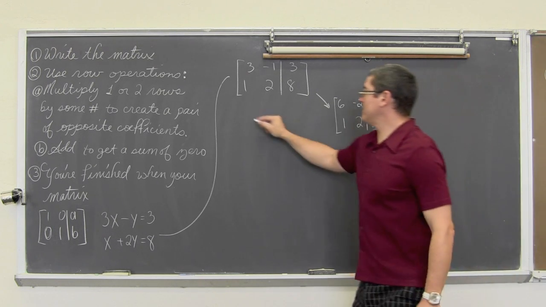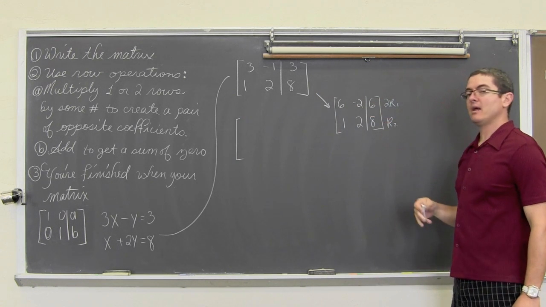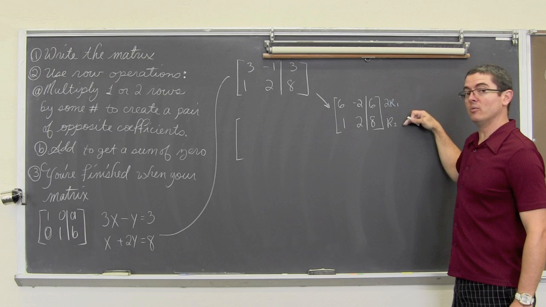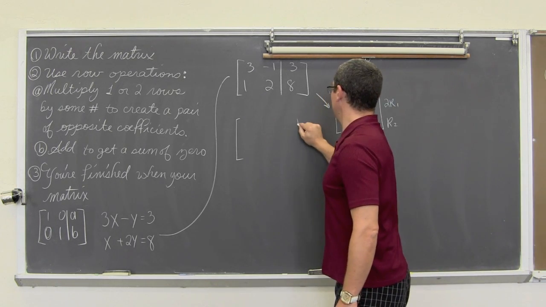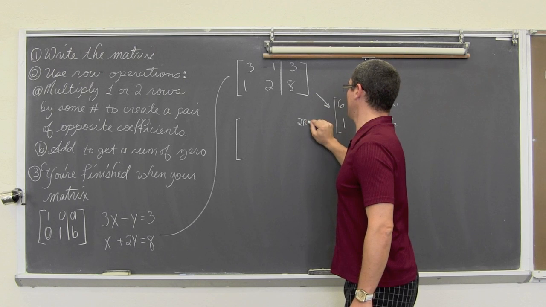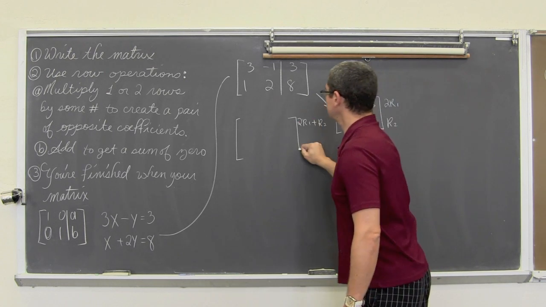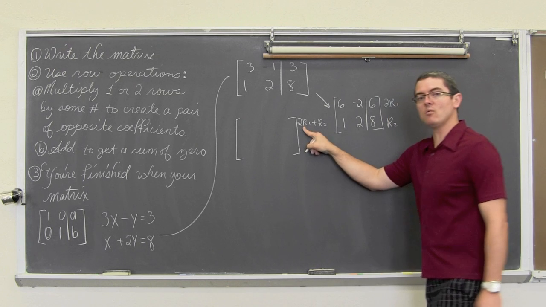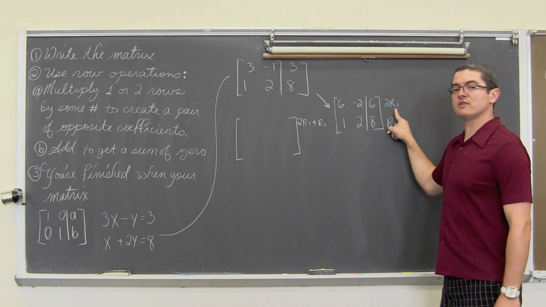Now I want to add these rows up, and I want to replace the first row and get that value of 0 there. So I want to do 2 times row 1 plus row 2. So I've already taken 2 and multiplied the first row by it.